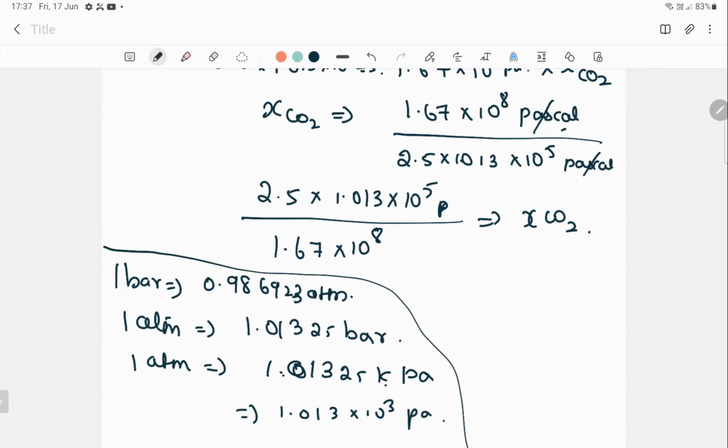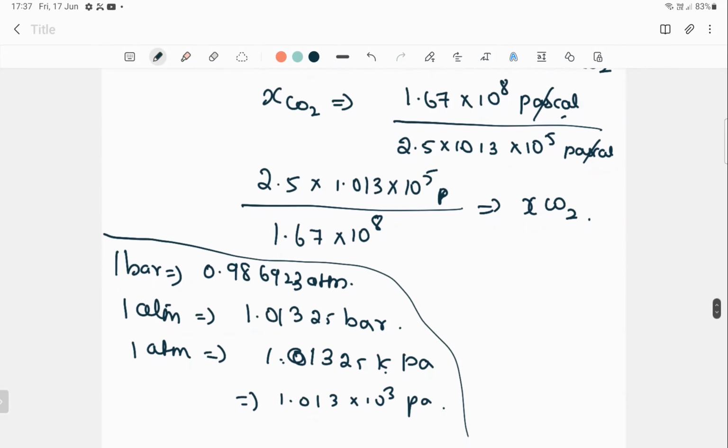Have you gone through these things? So here, what can we do? We can bring the 10 to the power -3 up. So 2.5 into 1.013, which is 2.5325, divided by 1.67.